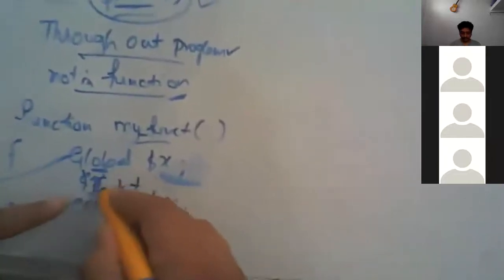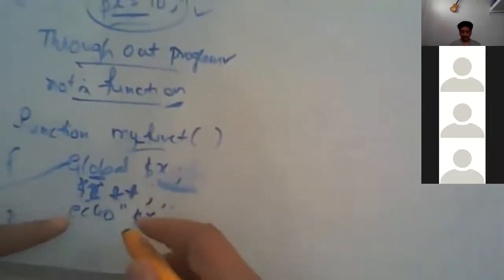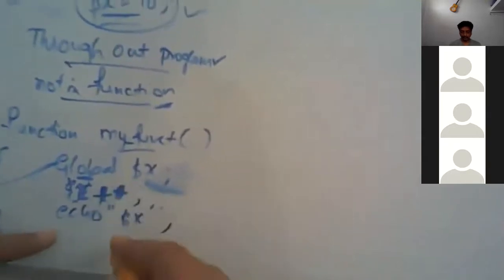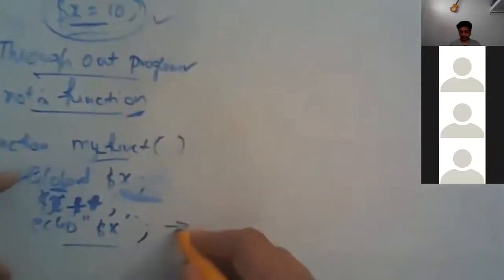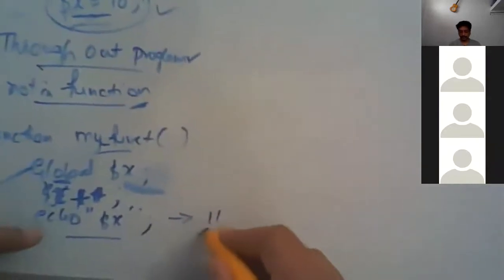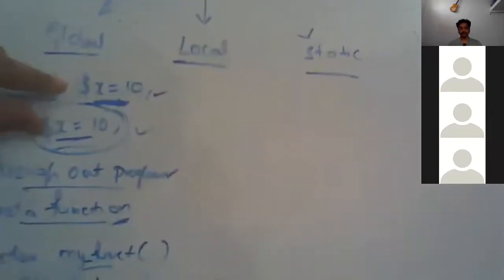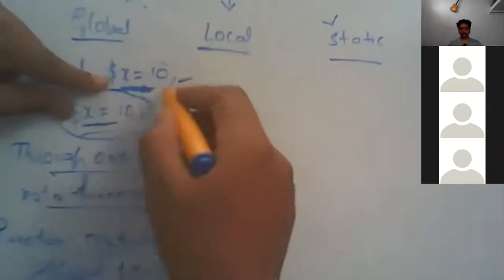This global variable can be accessed inside my function. Then what I do is increment the variable $x. Then I print the $x. What is it going to print? It prints the value 11, because we accessed the global variable, that is $x assigned with the value 10.